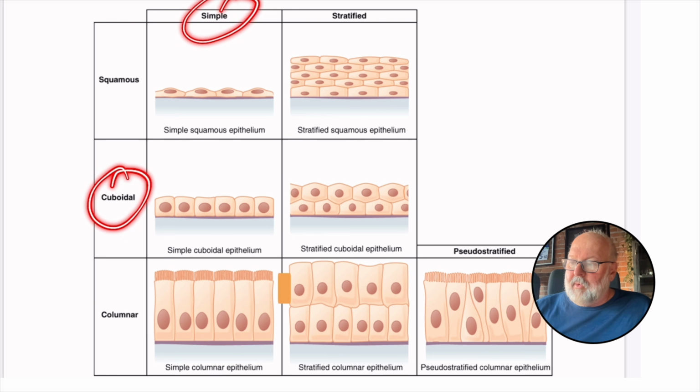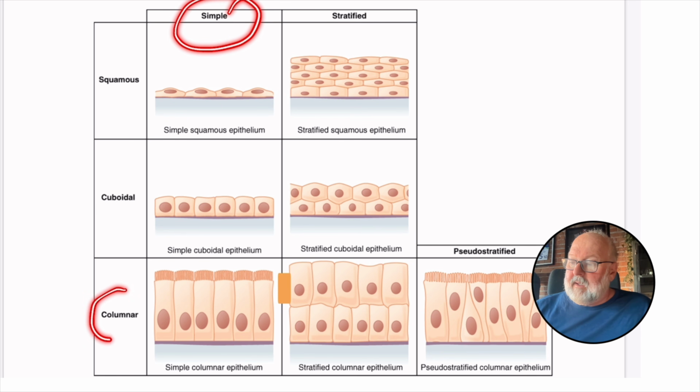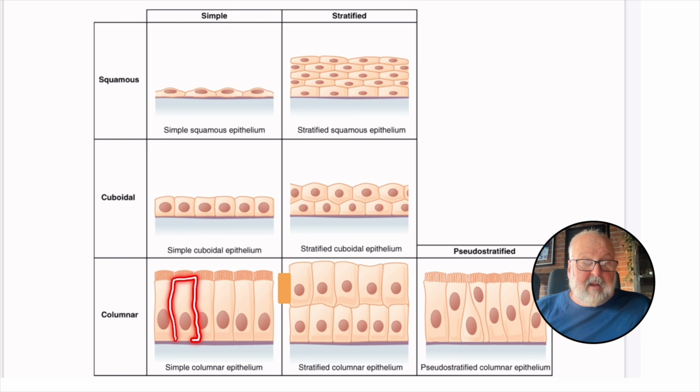Simple cuboidal, because the cells are cube shaped. And of course, the third one is simple columnar, where we can see the cells are taller than they are wider. Let's go to the stratified. Stratified means two or more cell layers. And here we have stratified squamous. Now, let's stop for a second.